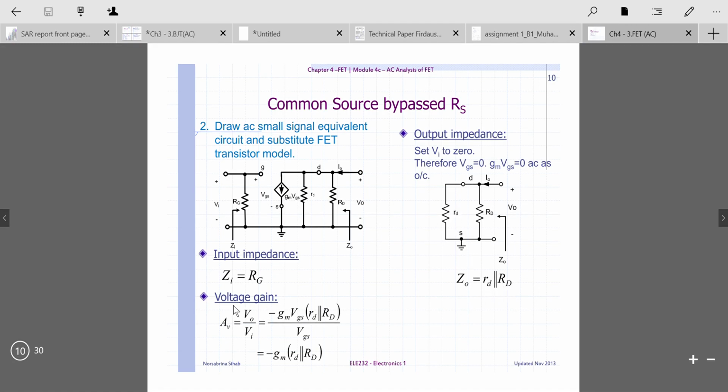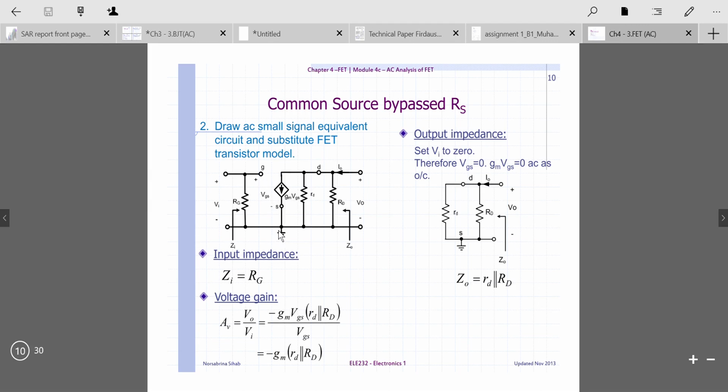In order to find the voltage gain, the formula is Av equals Vout over Vin, and it is equal to minus gm VGS multiplied by rd in parallel with RD, which is your Zout, divided by VGS. This is your input, which is actually this point over here, from positive to negative.